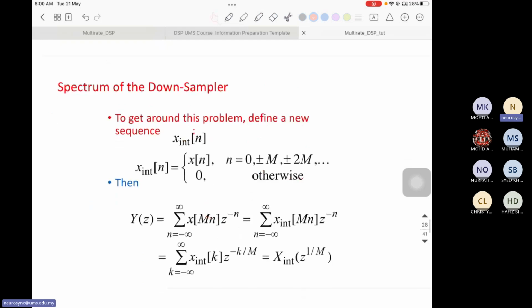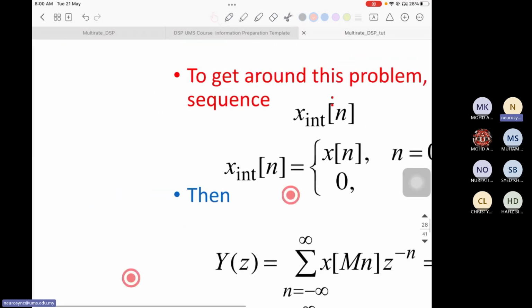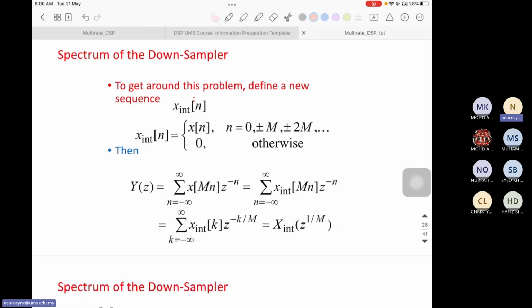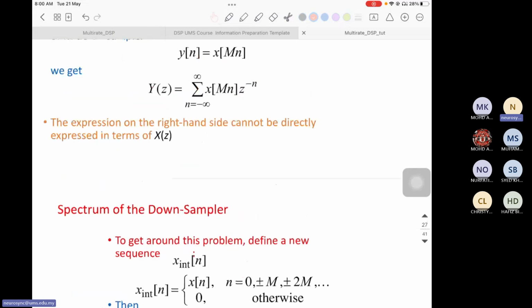The new sequence is defined as x integer of n, x_int of n, which is equal to x of n for n equal to 0, plus or minus M, plus or minus 2M, and otherwise it is 0. Why is this? Because in the case of our downsampler, y of n is nothing but x of M n.